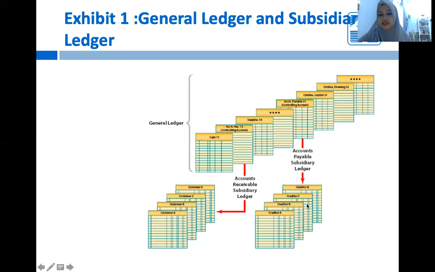The same for creditors. It will give us the information of their individual balances so we can identify and monitor how much we owe a specific creditor.